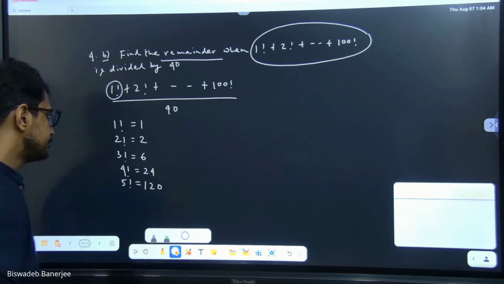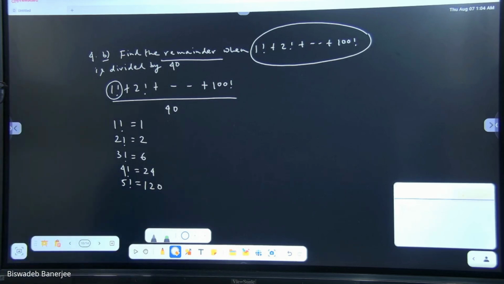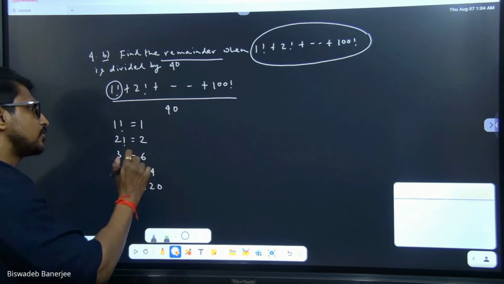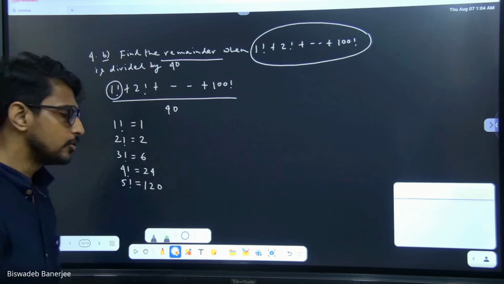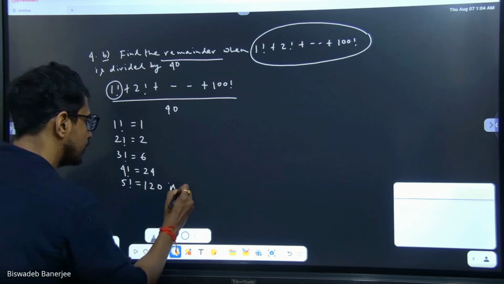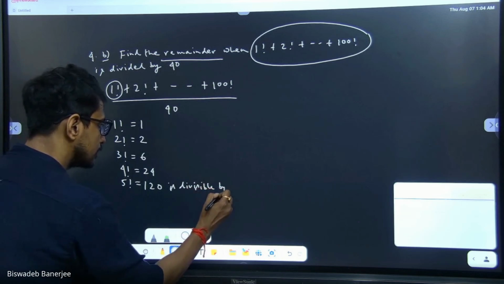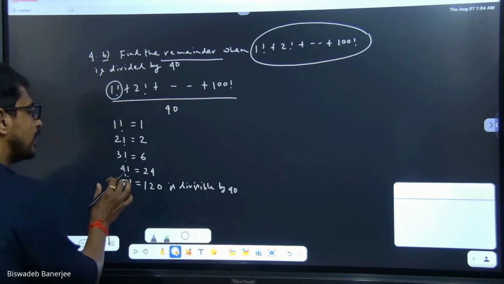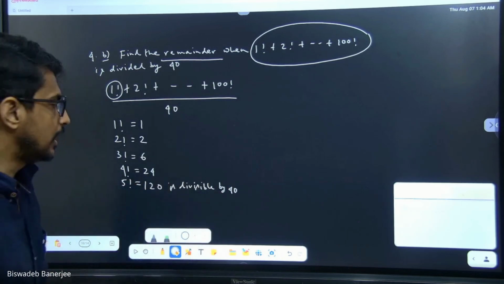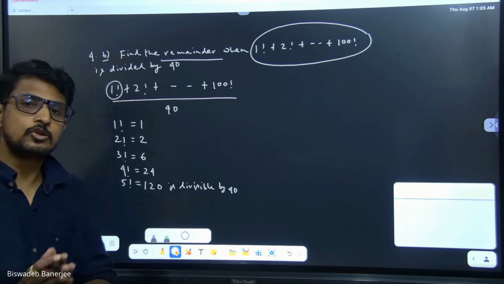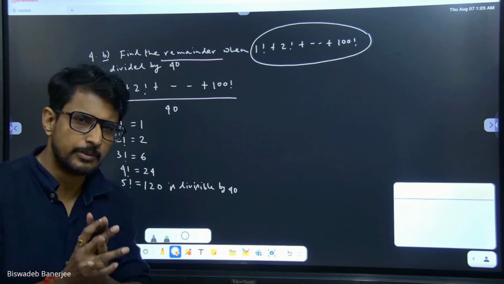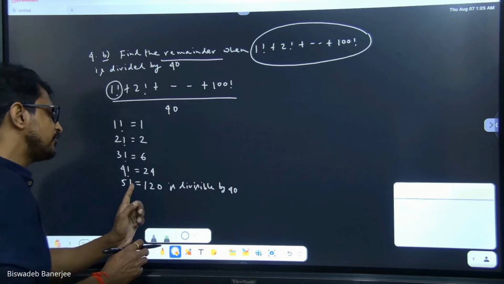Now see that this 120 is divisible by 40. So 5 factorial is divisible by 40. So the first factorial which is divisible by 40 is 5 factorial.